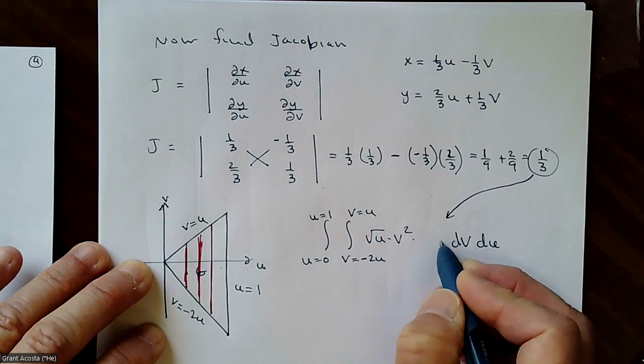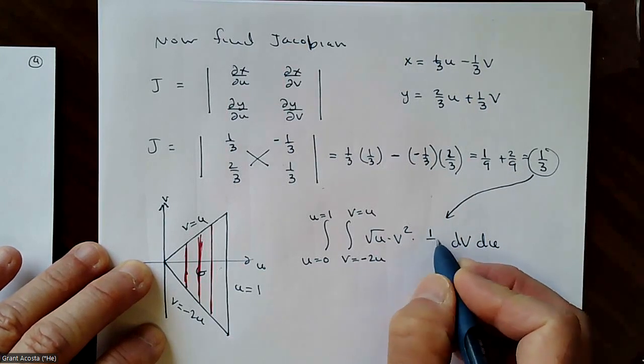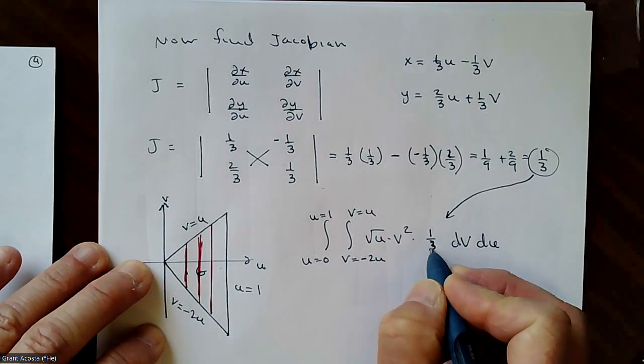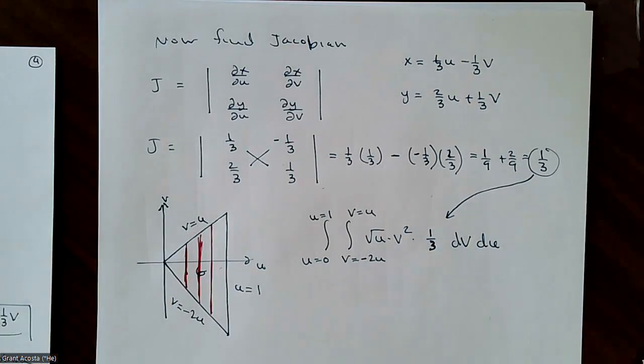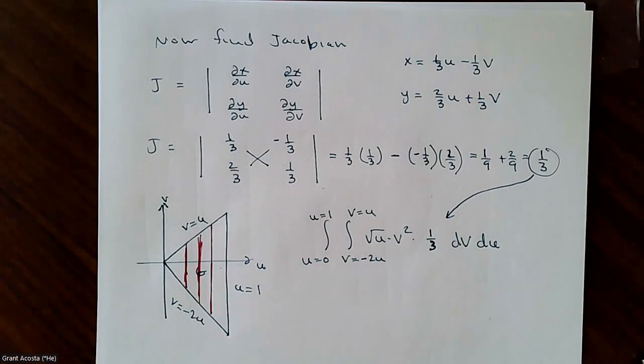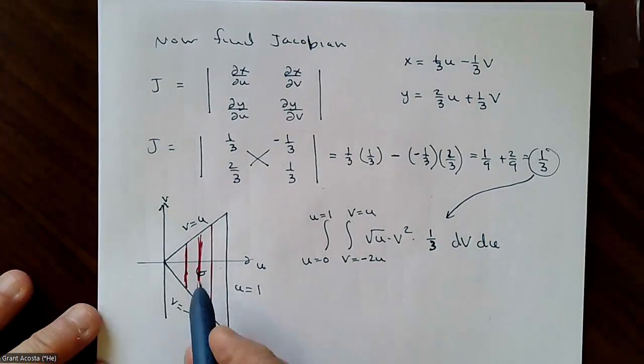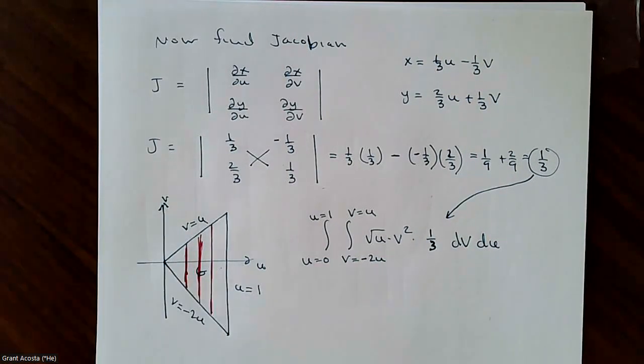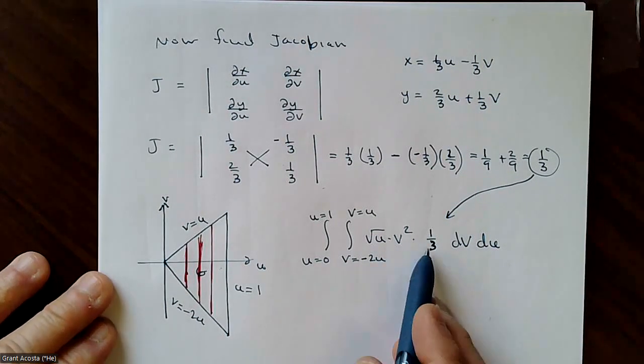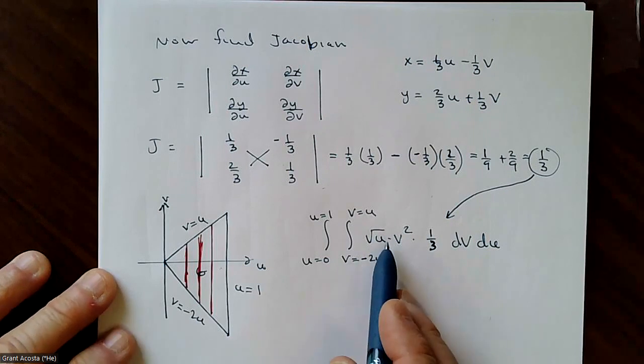That means we have to then multiply all of this by 1/3 to get the correct answer. That's our, I guess in this case, contraction. It means the region here is actually smaller than the original XY region. And this is a much simpler integral to do.